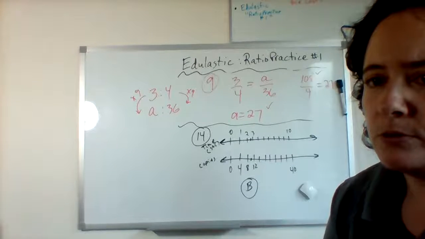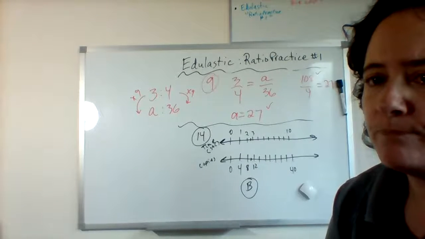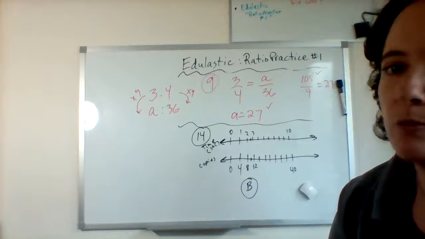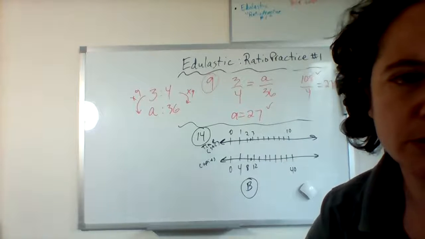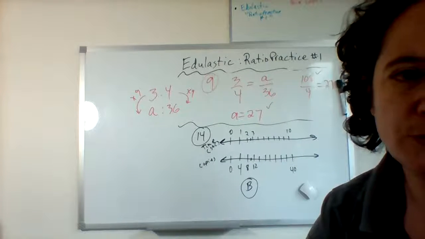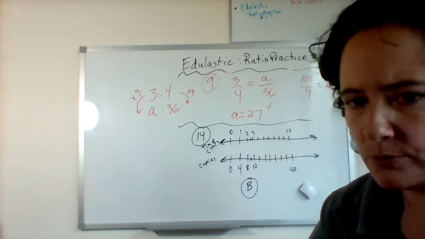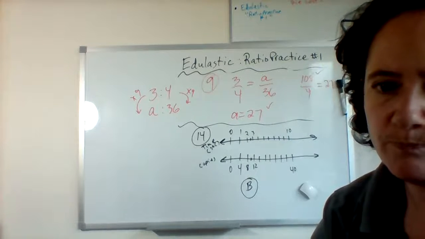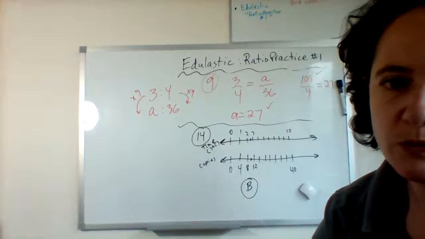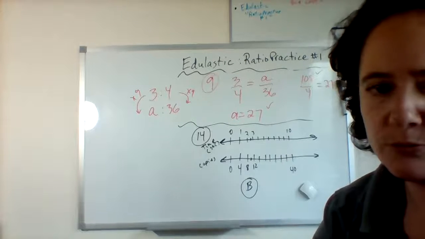I thought the number 12 was B. Number 12 was B. So that's what I'm asking, like if I made a mistake somewhere. Let's see. Number 12.